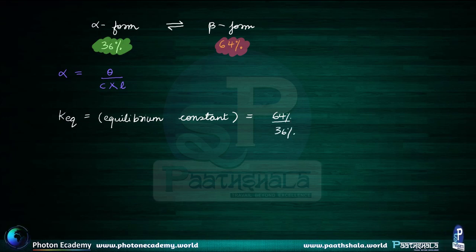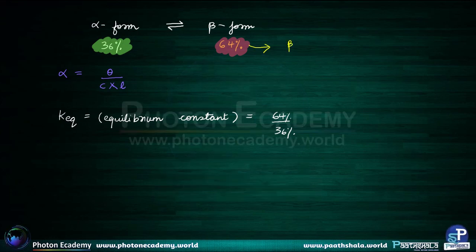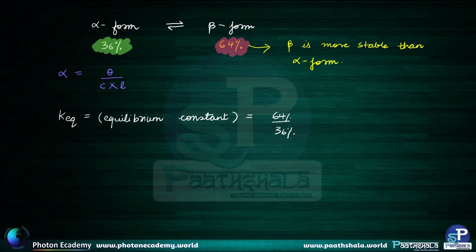Now, since this beta form has a higher percentage, and we know beta is more stable than alpha form, having previously done it, this further proves that beta is in fact more stable than the alpha form.